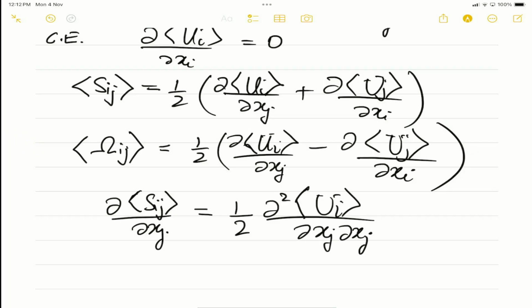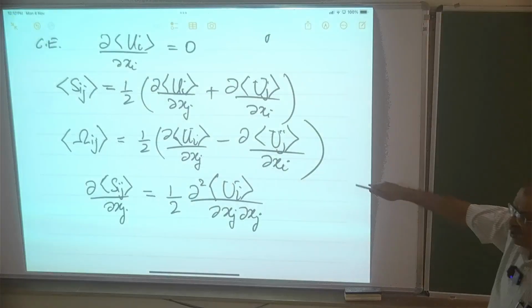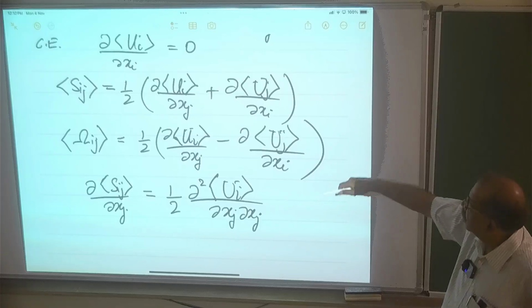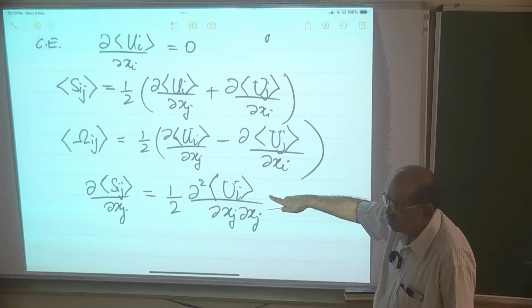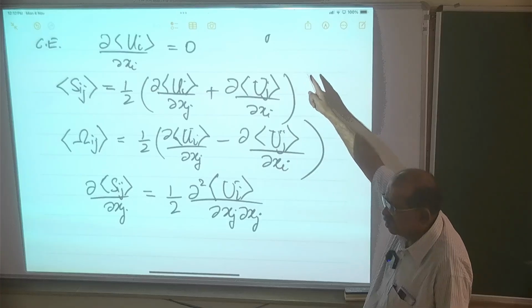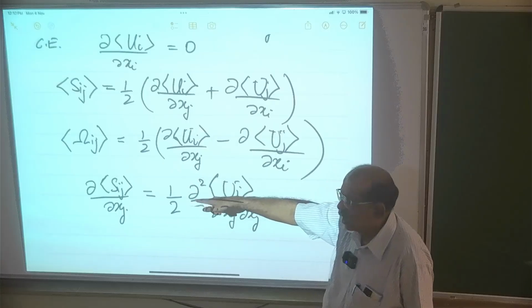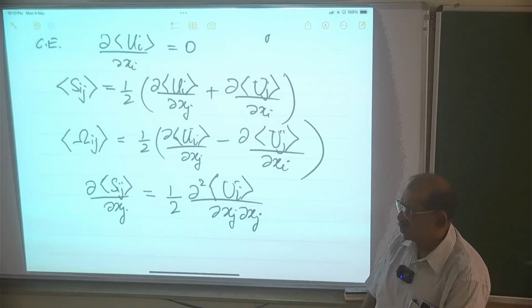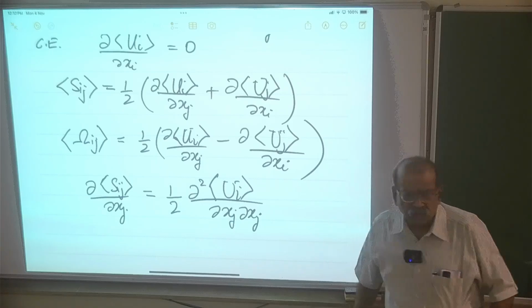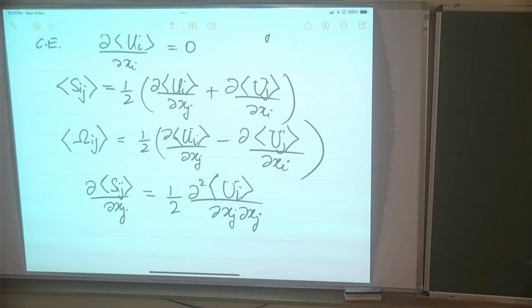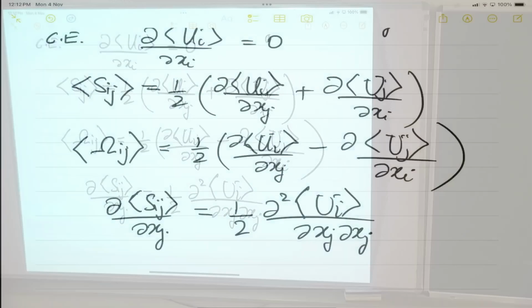And in writing this, the continuity equation has been used. So therefore, we have this term in the momentum equation. So either we can write it like this or we can use the partial Sij by partial xj. We can use one of these two, and this is what the equation is.